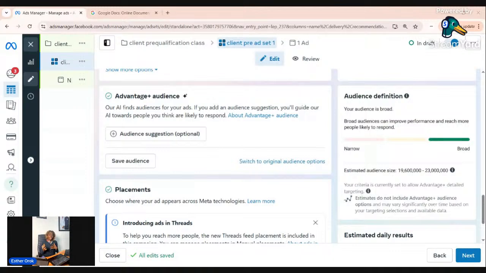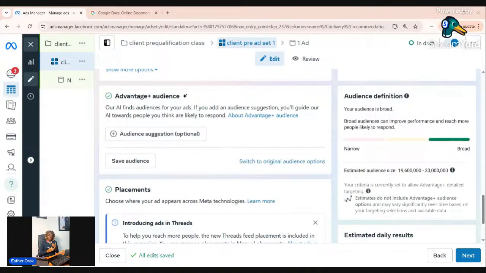So, 2 things that I want you guys to take note of. Number one is that there are 3 types of audience targeting that you need to pay attention to as a realtor because of the nature of your business. Number one, location targeting, like choosing your audience based on location. The other day I explained this.